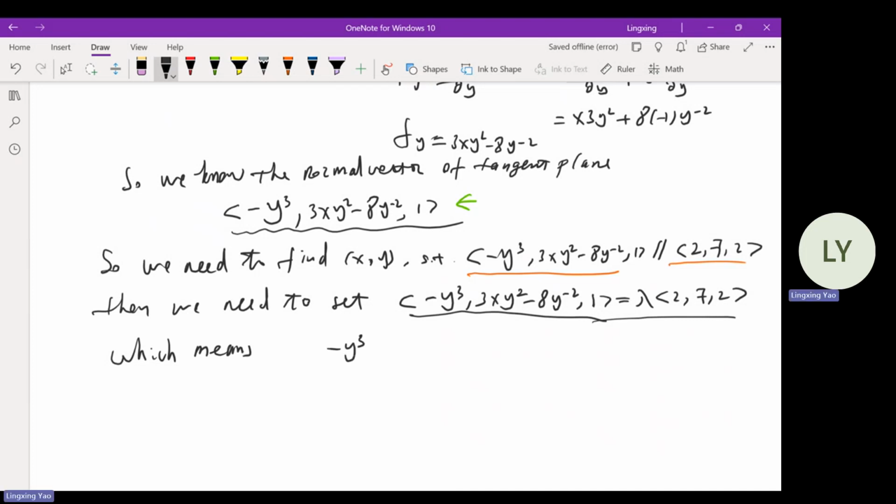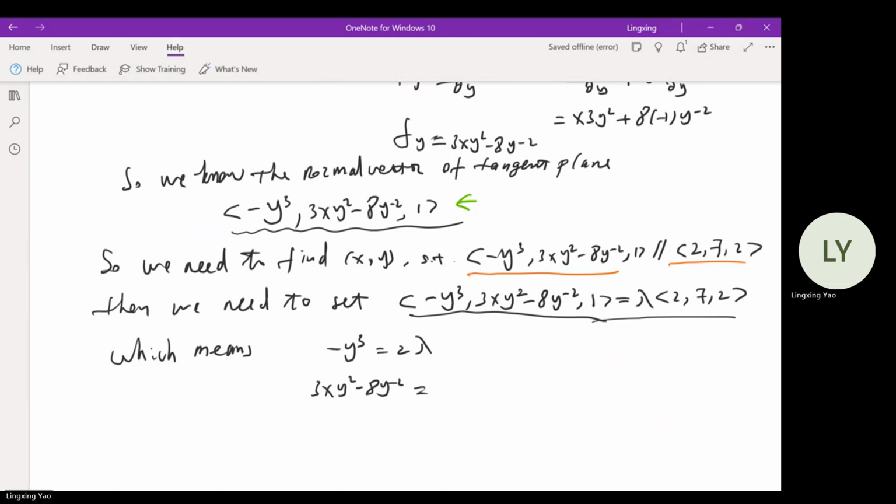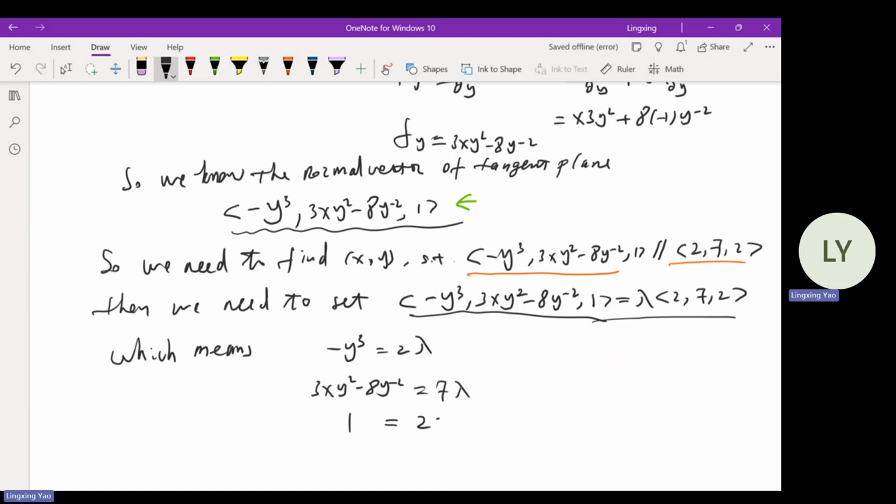Negative y cubed equals 2 lambda. 3xy squared minus 8y to the negative 2 equals 7 lambda. And then 1 equals 2 lambda.